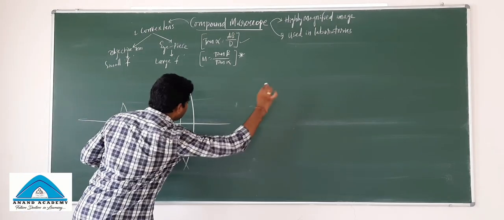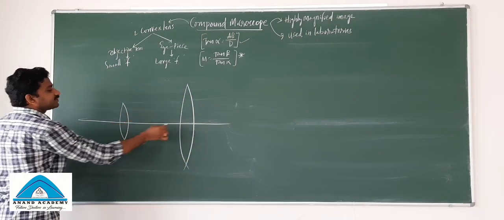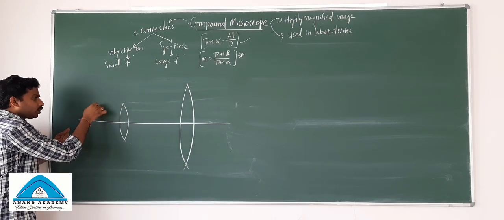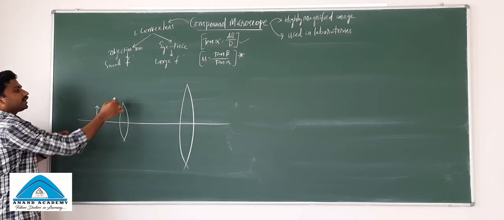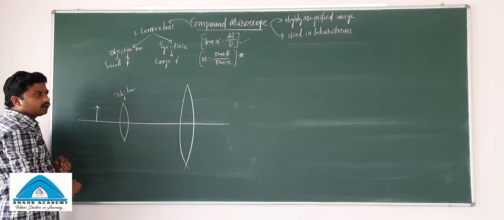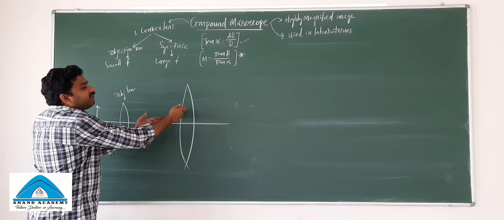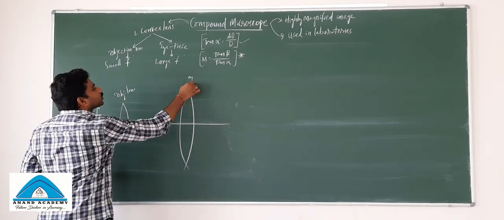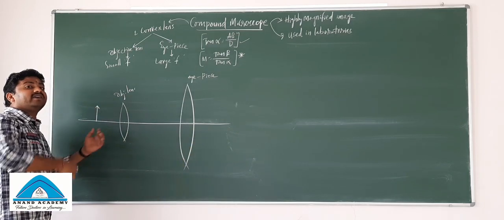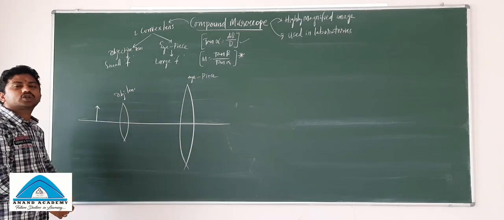Optic center and principal axis are like this. The object is kept close to this, so that is the reason it is called the objective lens, and the eye will be close to here, so that's called the eyepiece. So what is the eyepiece? It is from where we are observing, and I will show you later.